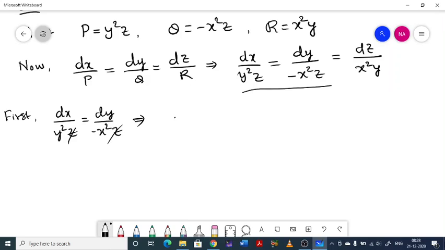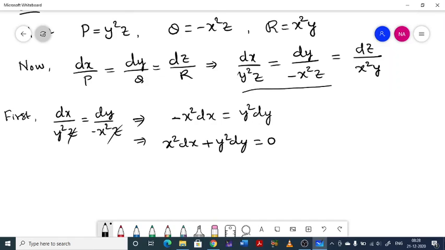We'll get minus x square dx equal to y square dy, or this is equivalent to x square dx plus y square dy equal to 0.